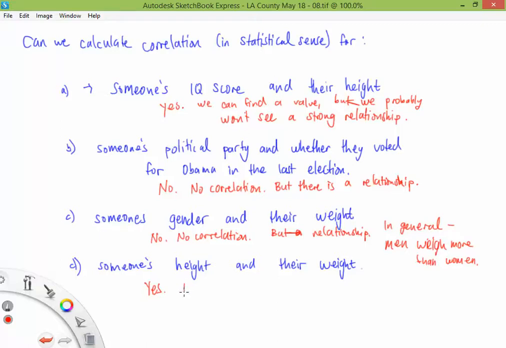In general, tall people will weigh more. Short people, in general, weigh less.